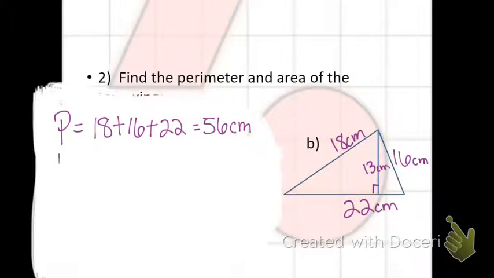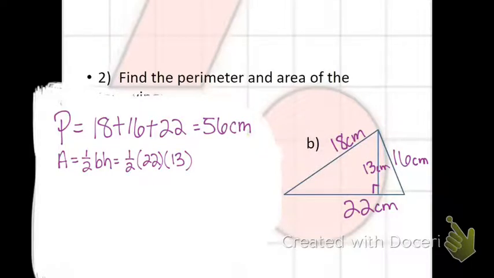Then for area, this is a triangle, so our formula is 1/2 base times height. Remember that the base and the height need to be perpendicular to each other. So my base this time I have to use the 22 and a height of 13. If we had drawn in some of the other altitudes or heights, we could have used a different base.